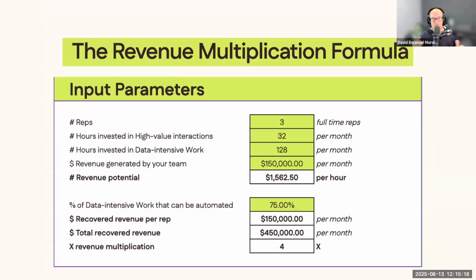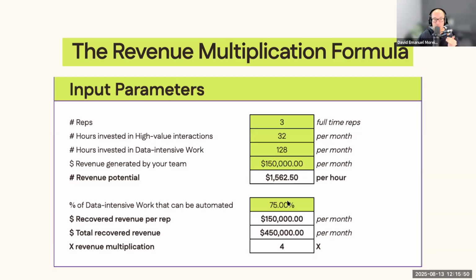So let me break it down really quick in this example. If you have 3 reps and they invest 32 hours into high-value interactions and 128 hours per month into this data-intensive work, and they're generating $150,000 per month as a team, then every hour of high-value work adds $1,500 to your company.